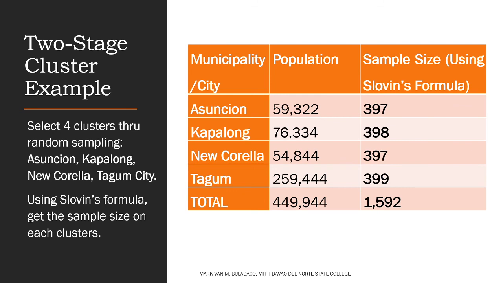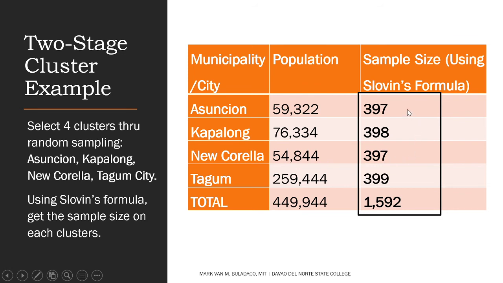Taking the example from our one-stage cluster sampling, using Slovin's formula, we have computed the sample size on each cluster: 397, 398, 397, 399. And when you sum up all the sample sizes on each cluster, it is 1,592.